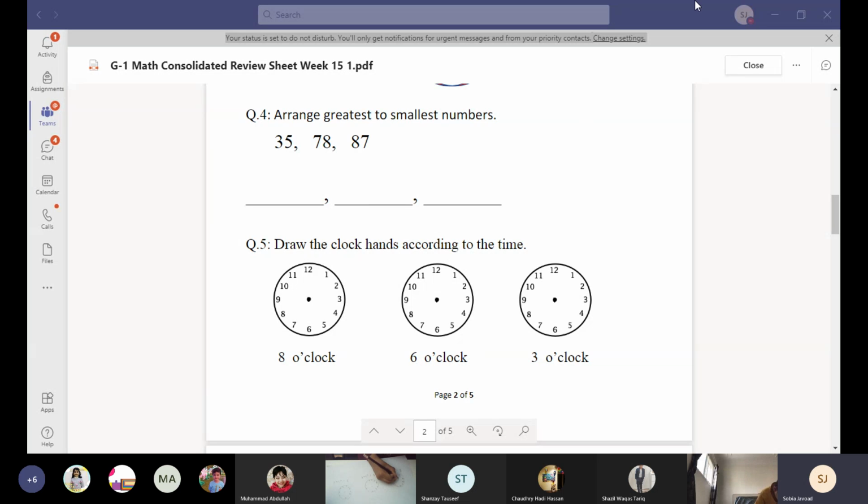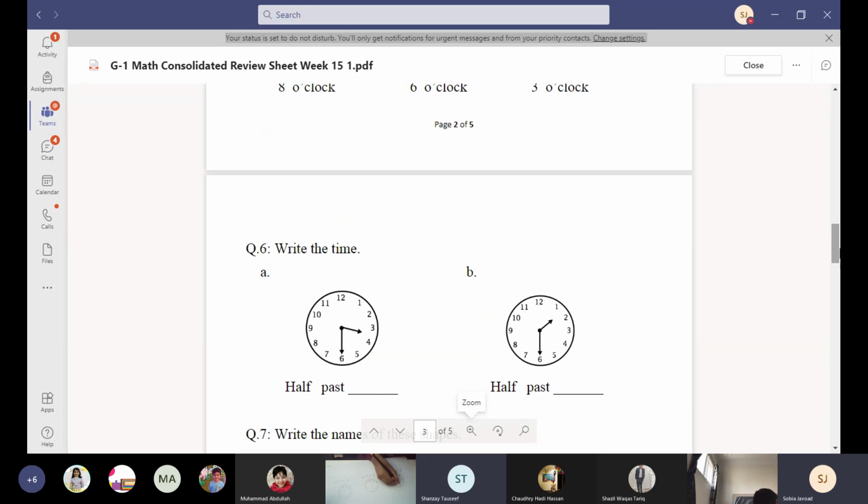Okay, how many students have done the written work? Okay, what about this? What is the time here on this clock? Write the time, half past. Look at this clock. Half past 3.